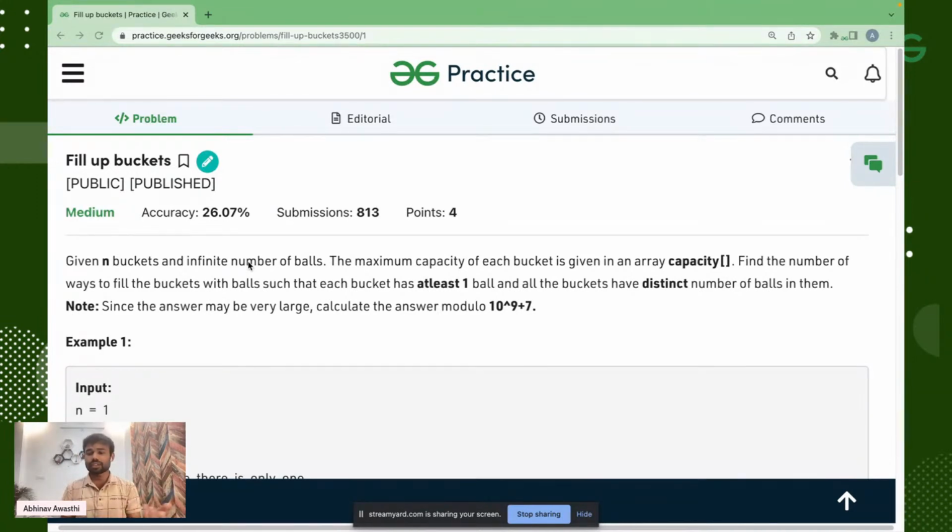Find the number of ways to fill the buckets such that each bucket has at least one ball, and all the buckets have distinct number of balls in them. So two conditions are there.